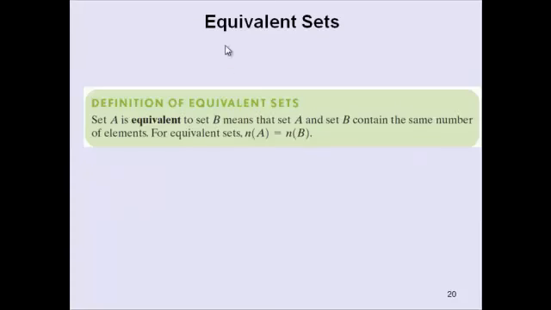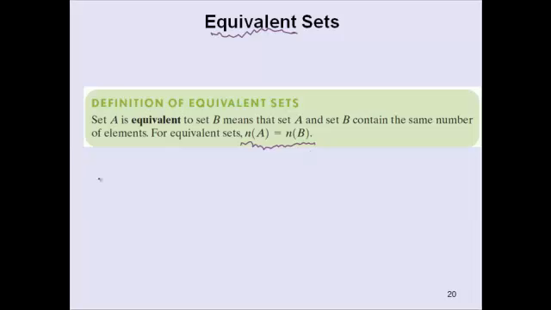So what is the definition of equivalent sets then? Well, at the beginning I told you that the definition of an equivalent set would be set A is equivalent to set B means that set A and set B contain the same number of elements. So for equivalent sets, the cardinal numbers are equal.